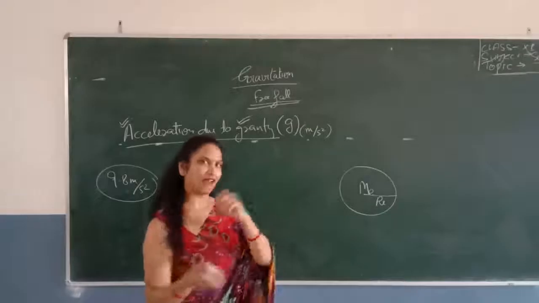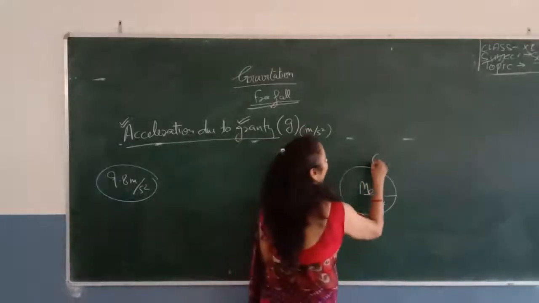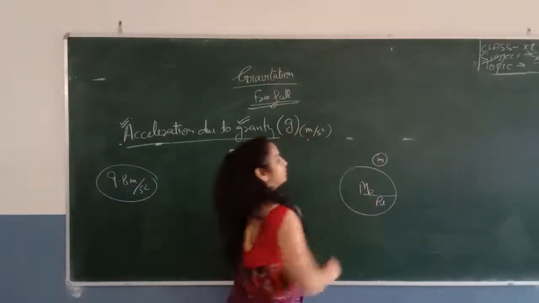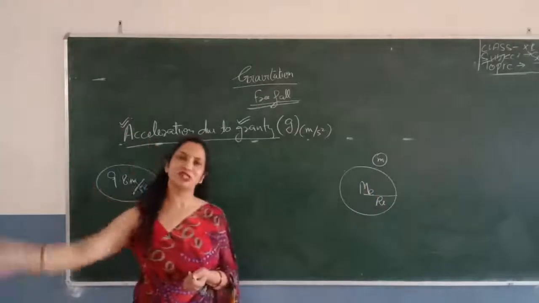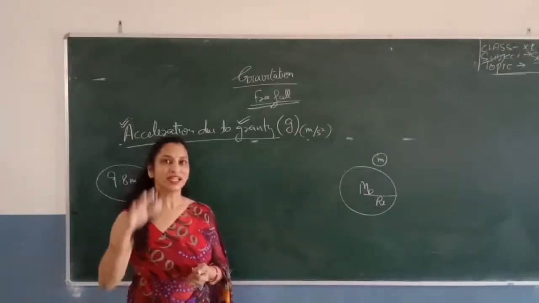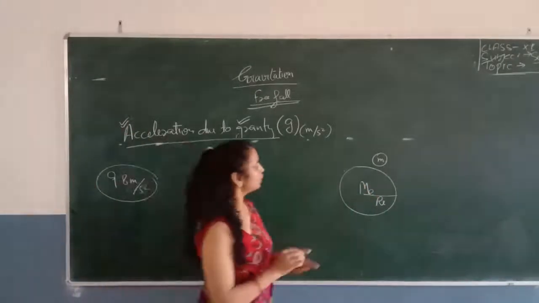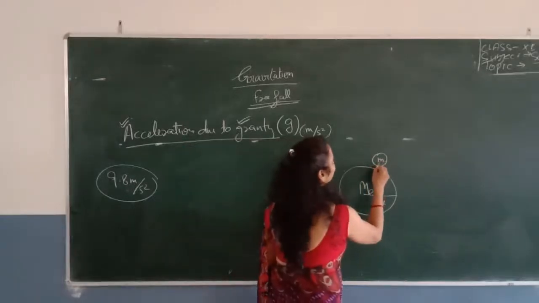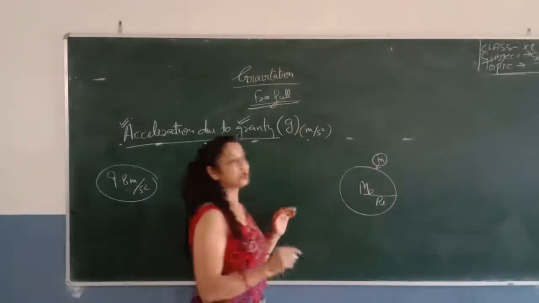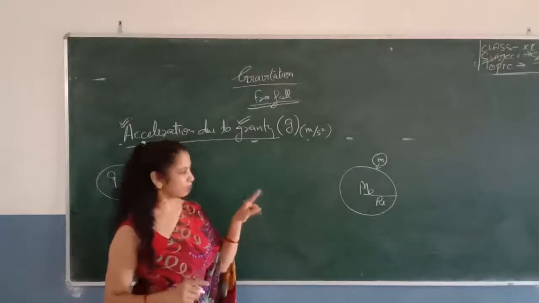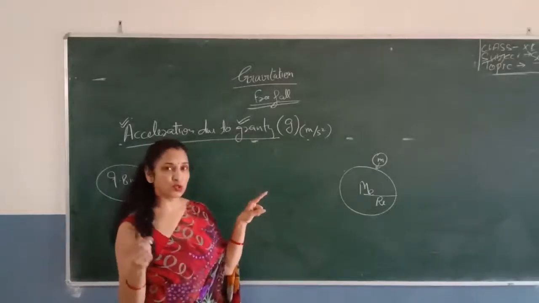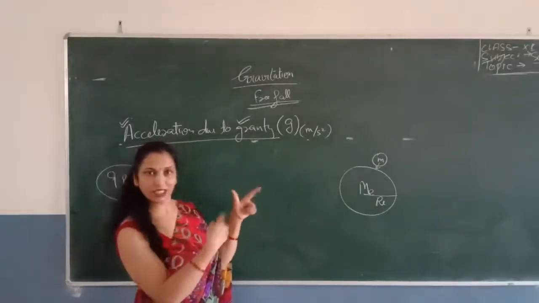So the object having the mass m. This object is free to move towards the earth under the gravity of the earth. So if we draw this object on the earth, let's try to find out the value of the force of attraction which is acting between them.